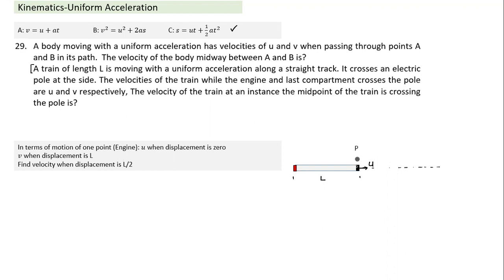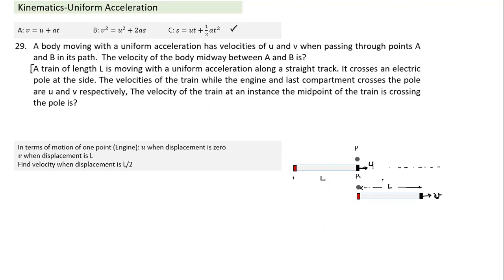Initially, when the engine is by the side of the pole, the velocity is U. And when the whole train crosses, the engine has a displacement of L. After having a displacement of L, velocity has become V. That's what is given. So when the last vehicle is crossing the pole, it means the engine is at a distance of L from here, displacement is L.